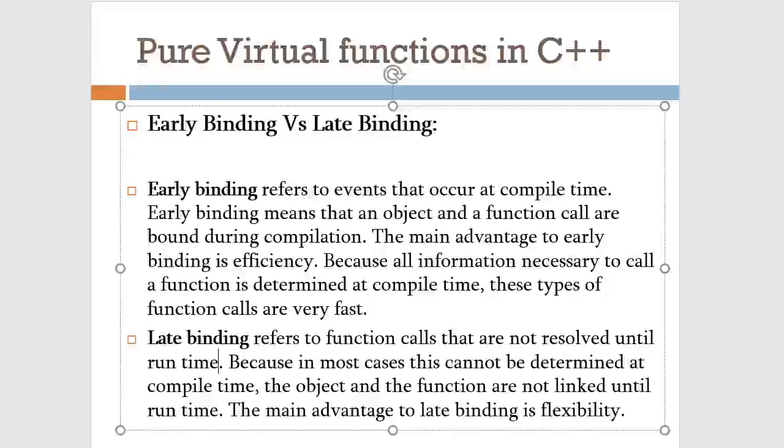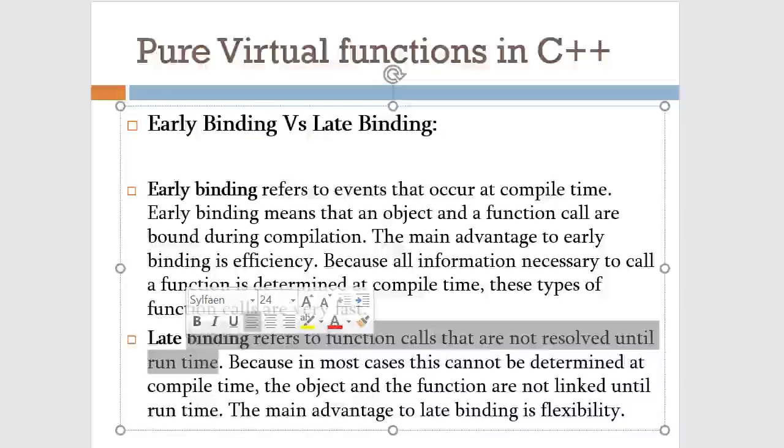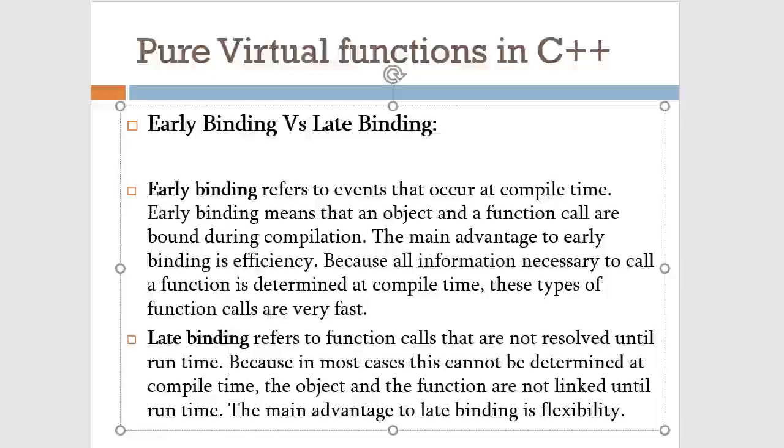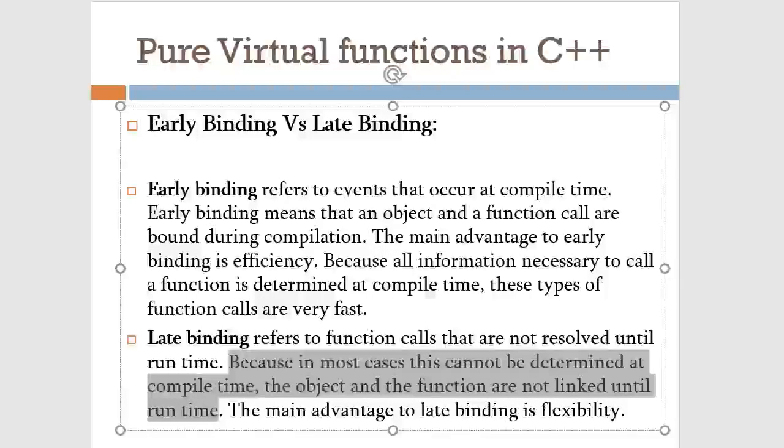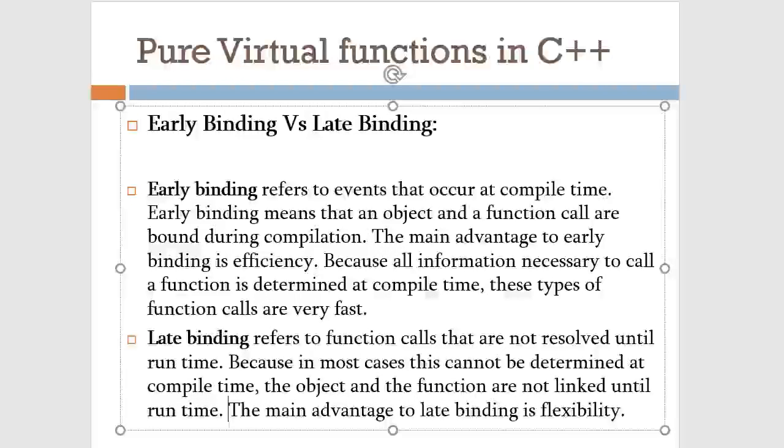So that is part of late binding, and that decision is happening during the runtime, as the function calls are not resolved until the runtime. And because in most cases this cannot be determined at compile time, the object and functions are not linked until the runtime.